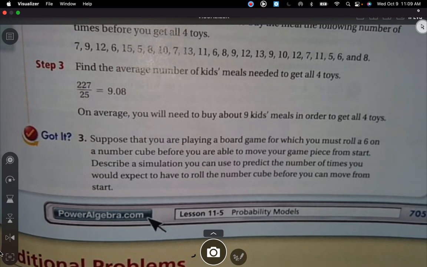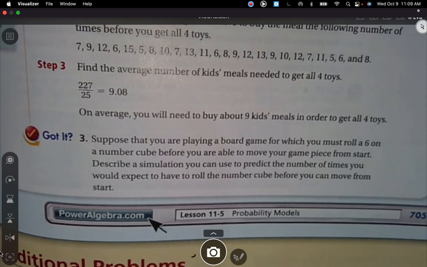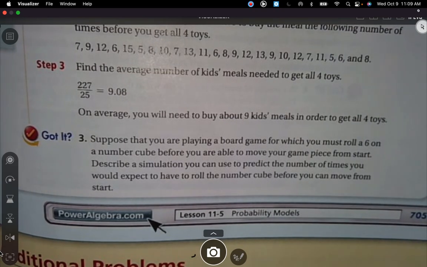What's a simulation that you could use? They give you the answer. What would you use? Roll the number cube and see how many times. So then we could just roll until we get a 6, and then we could tell the answer. A lot of times they even give you the answer in the problem. Okay, your simulation is actually rolling dice. All right, everybody good with this one?